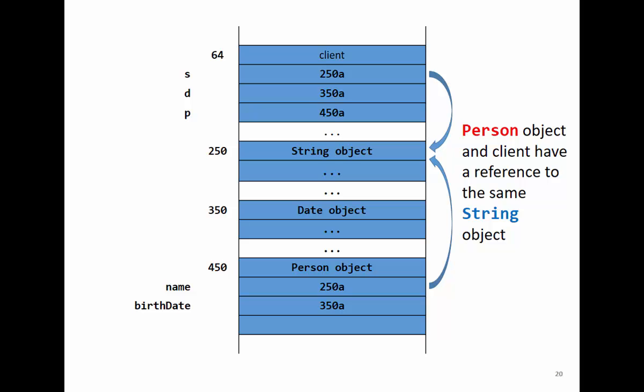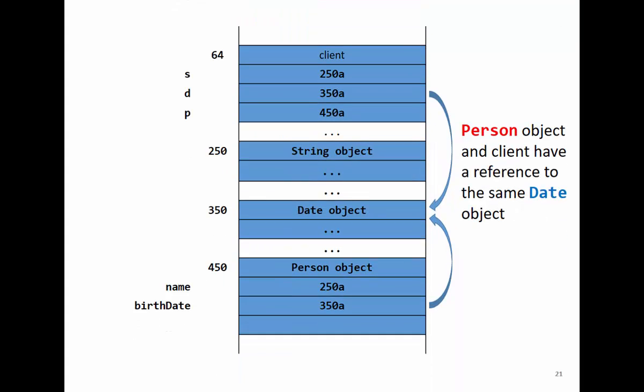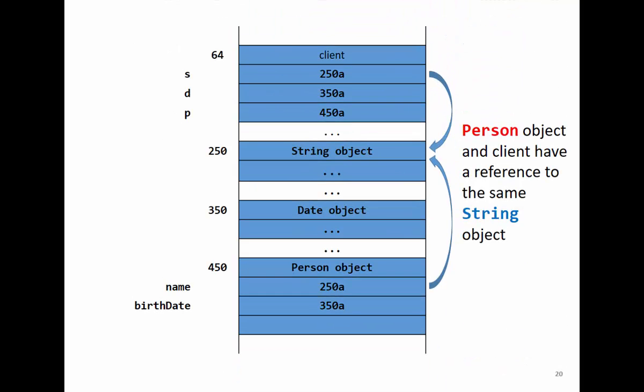The name is pointing to the string object and the date is pointing to the date object. So the client part and the person part are both sharing the same objects. Look at this memory diagram. The client object at the top is sharing the string location with the person at the bottom. The person object and the client have the reference to the same string.